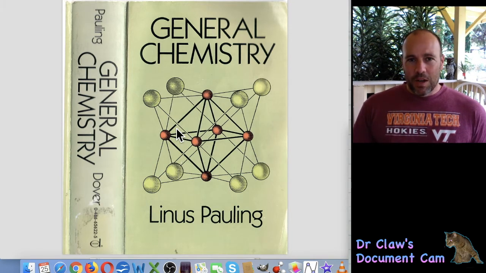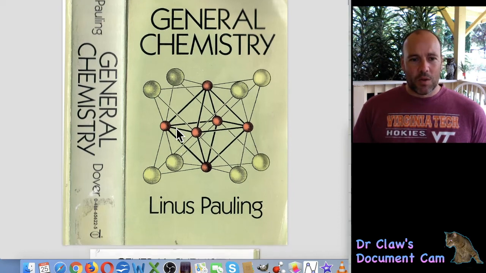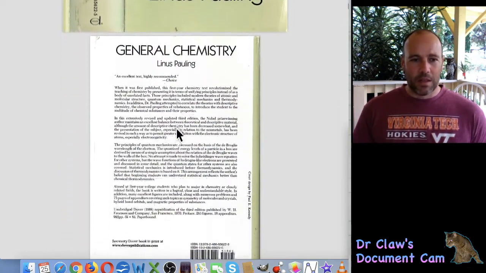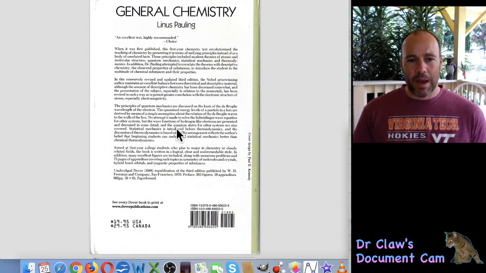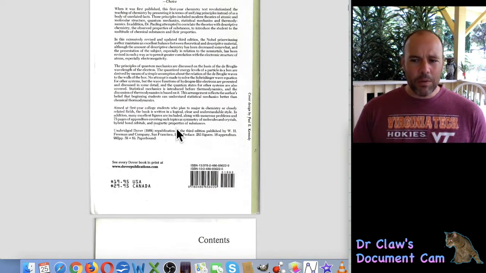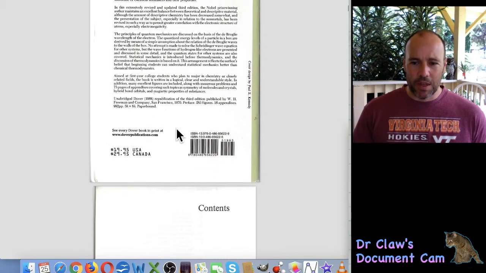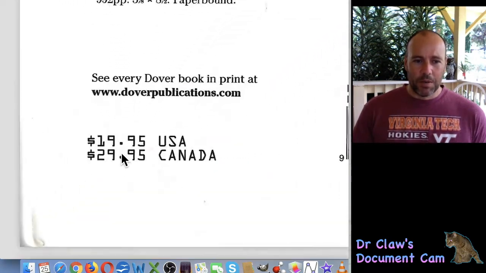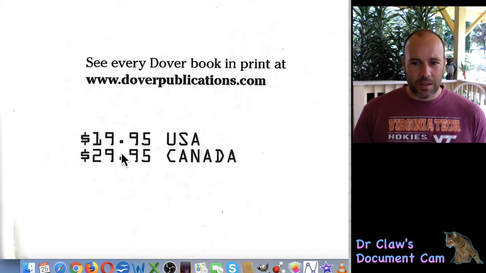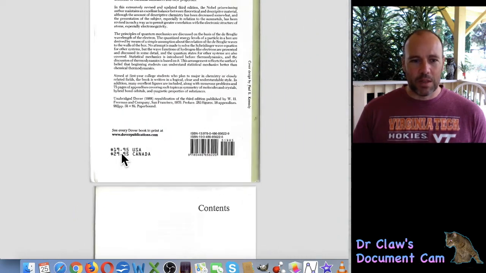Before we get started in chapter 1, let's just take a quick look at the text. Here's the back of the textbook right here. If I were you, I would get a copy of this. It's very cheap. Dover puts out some of the best science textbooks out there for really, really cheap.